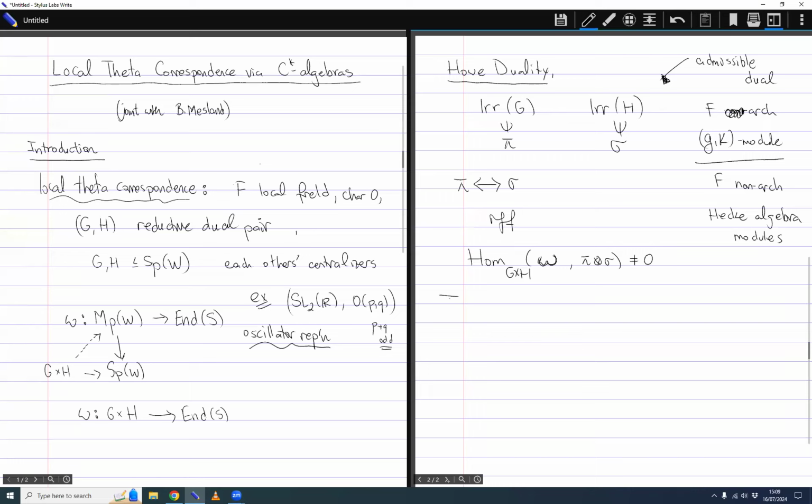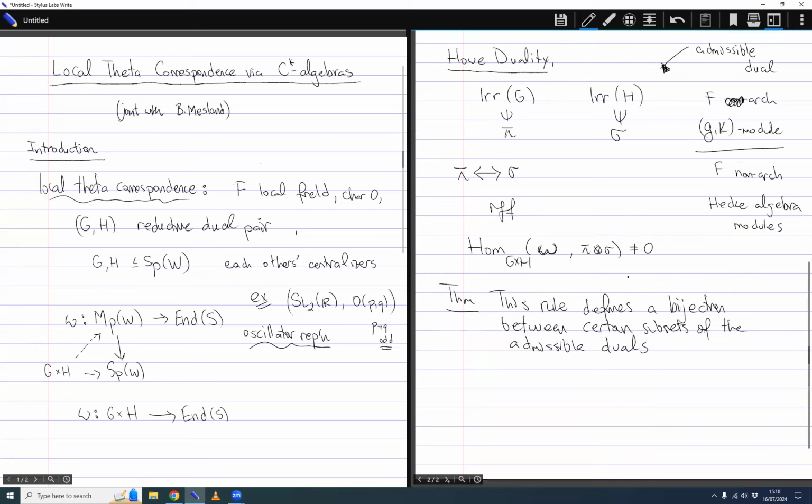So the theorem is that this rule defines a bijection between certain subsets of the admissible duals on the two sides. Right.